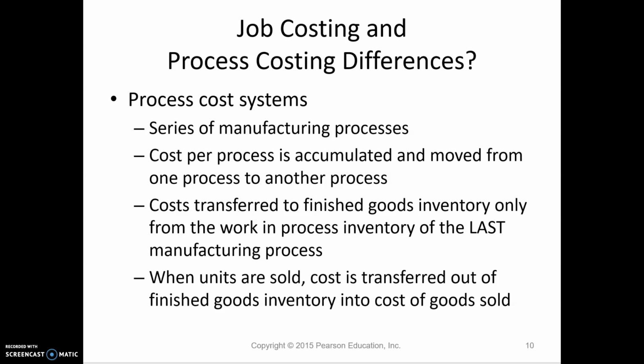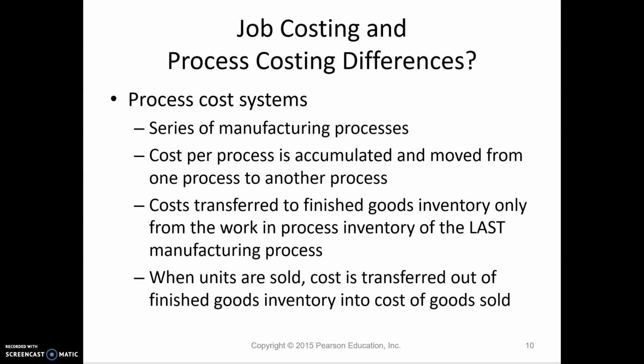So we're going to see the costs from one department, the first department in the example was cutting, when the units move on to the next department, assembling, the costs go into the assembling department. And then the costs are incurred in the assembling department. And now those units have the costs from the cutting and the assembling. They move into the finishing. So the costs are going to move with the units from one process to the next.